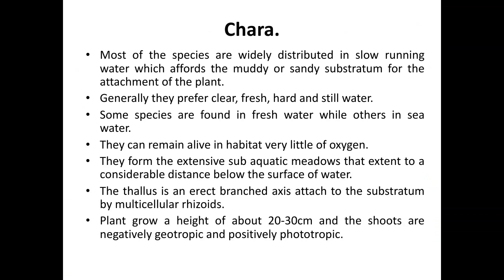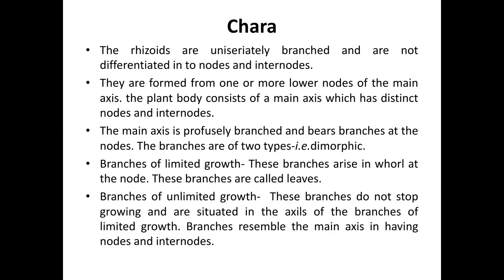The plant grows to a height of about 20 to 30 centimeters, and the shoots are negatively geotropic and positively phototropic. The rhizoids are uniseriately branched and are not differentiated into nodes and internodes.